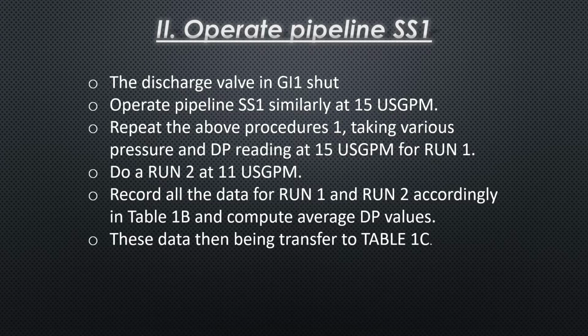Then repeat the procedure for run 2 at 11 US-GPM. Record all the data in table 1B and calculate average DP values and transfer the data to table 1C.